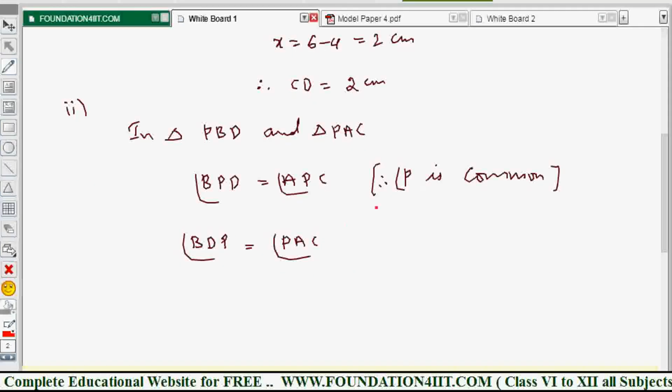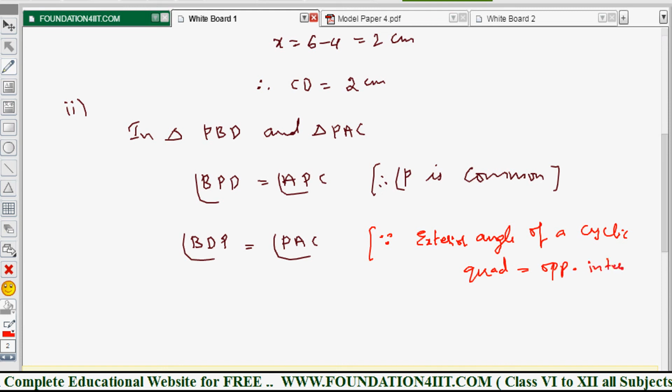So for this also let me write the property. The statement is: exterior angle of a cyclic quadrilateral is equal to the opposite interior angle.